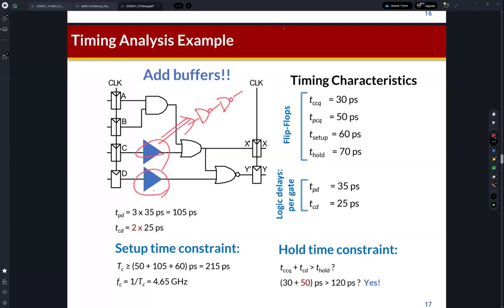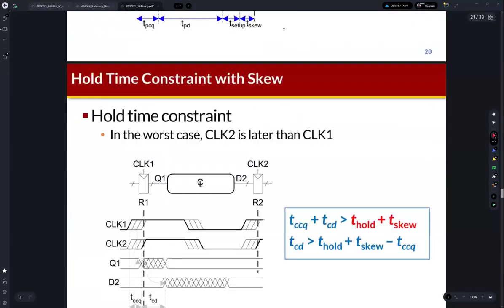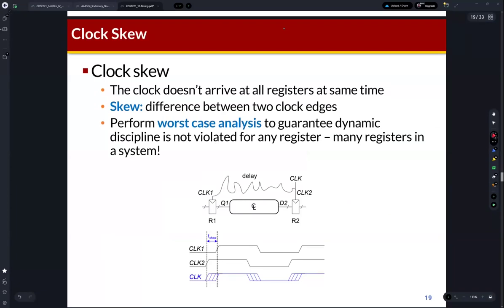It can be done automatically by CAD tools, fortunately. But you need to understand how the setup time constraint and hold time constraint are analyzed. It's very important. Usually the setup time constraint decides the performance of the system, so we usually focus on the setup time constraint in order to increase performance.